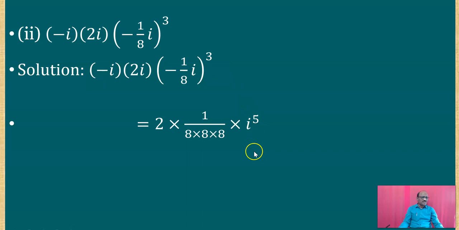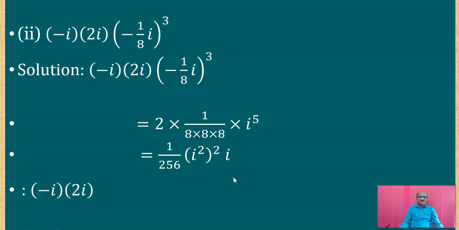Overall the power of i is 5. That is 1/256. i raised to 5 means what? (i²)² into i, that is i⁴ into i. But i² is -1, and (-1)² is again 1, and 1 into i is i. Therefore, here you will get 1/256 into i.